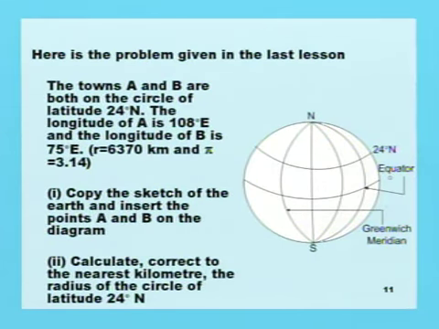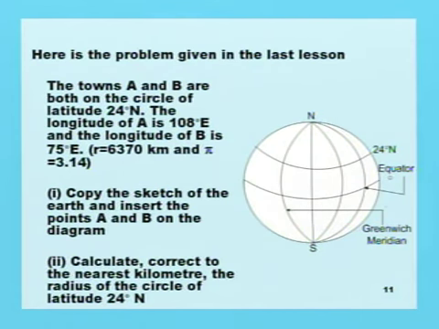Here is the problem given to you in the last lesson. The towns A and B are both on the circle of latitude 24 degrees north. The longitude of A is 108 degrees east and the longitude of B is 75 degrees east.